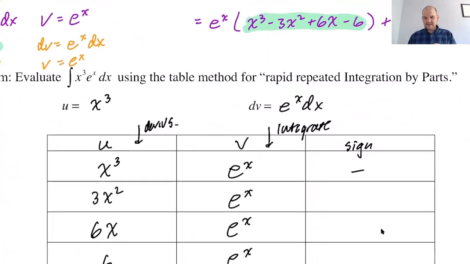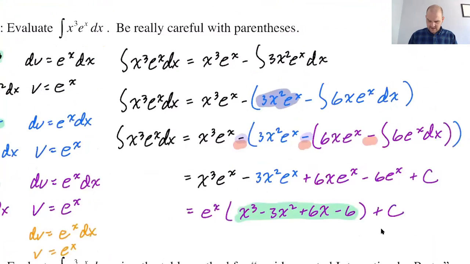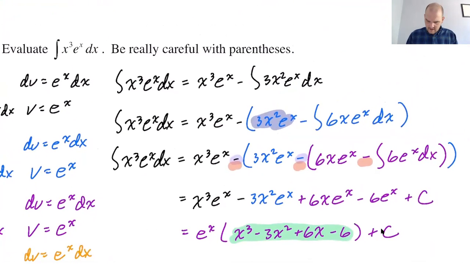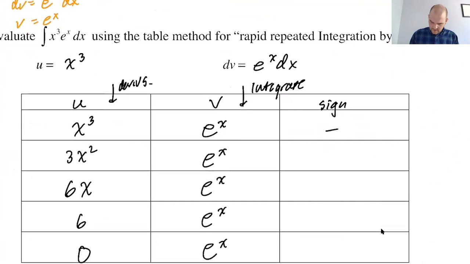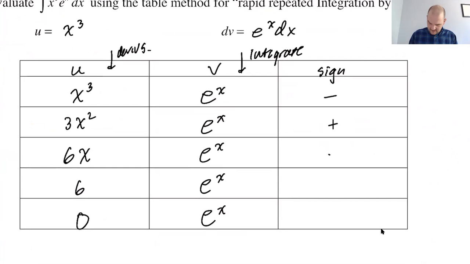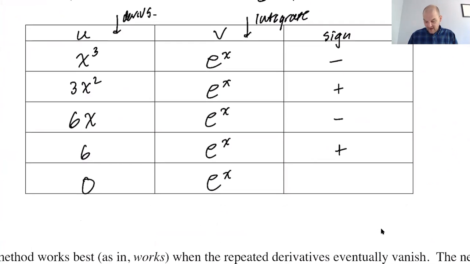And then it was two minus signs, this minus sign and this minus sign, so it became plus. And then the next time there were three minus signs, and then four minus signs, and then five minus signs, although you don't really need this one.